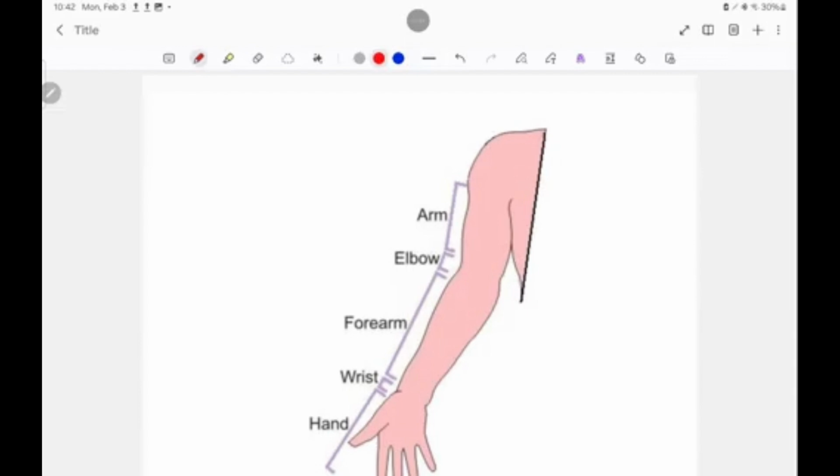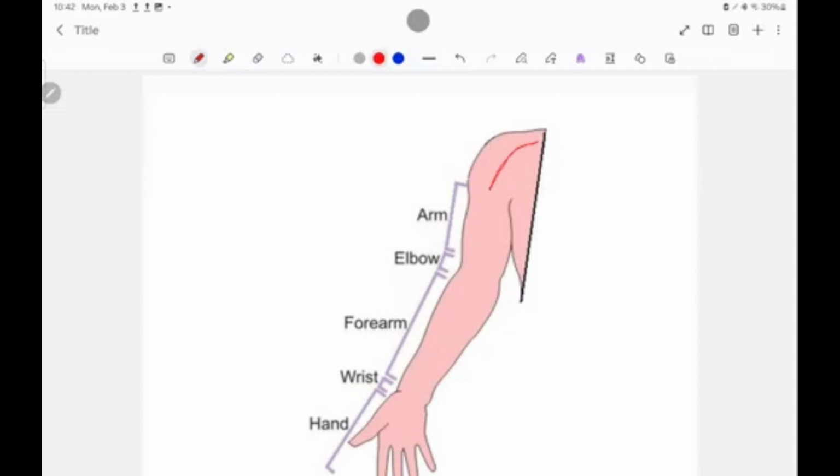Okay, so I'll just draw the axillary artery, and then below the teres major it will become the brachial artery, and then when we reach the ulna and radius, it will give two branches, radial artery and ulnar artery. So here we go. Right here, this is the axillary artery.